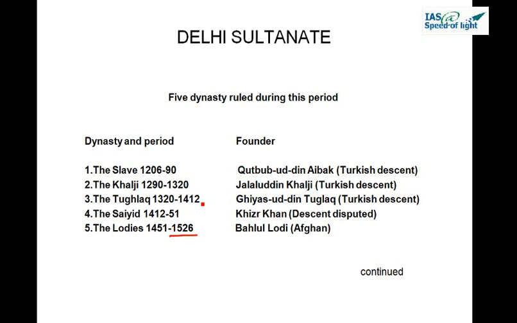Then in Tughlaqs, we will be studying a great personality who is referred to as the wisest fool in the history of India, quite an interesting personality, Muhammad bin Tughlaq. Then the Sayyids don't have an important role to play in the history of India. Then we will be coming to the Lodhis.